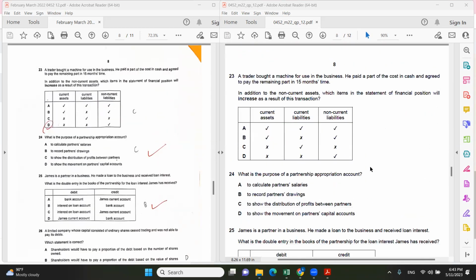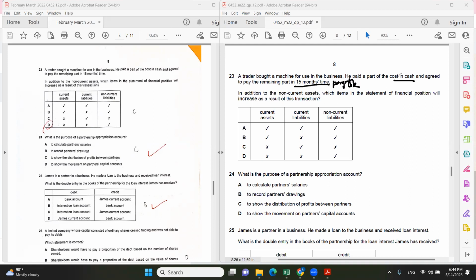Question 23. A trader bought a machine for use. Okay, let me count first. He paid a part of the cost in cash and paid the remaining later. That means this is other payable.